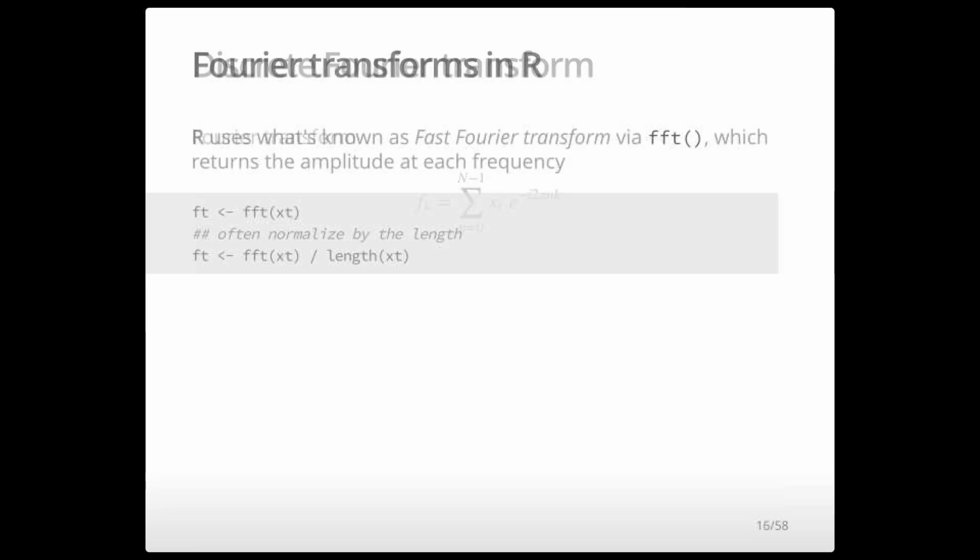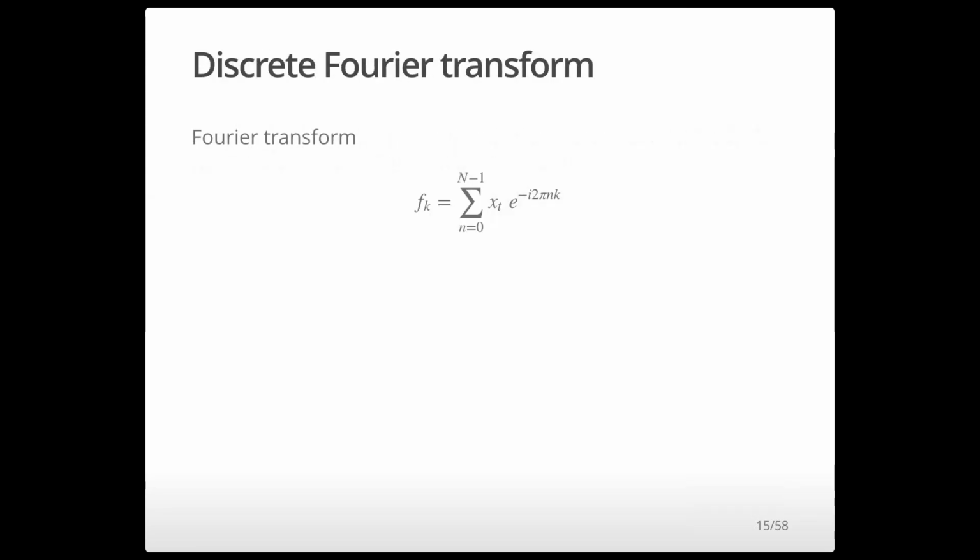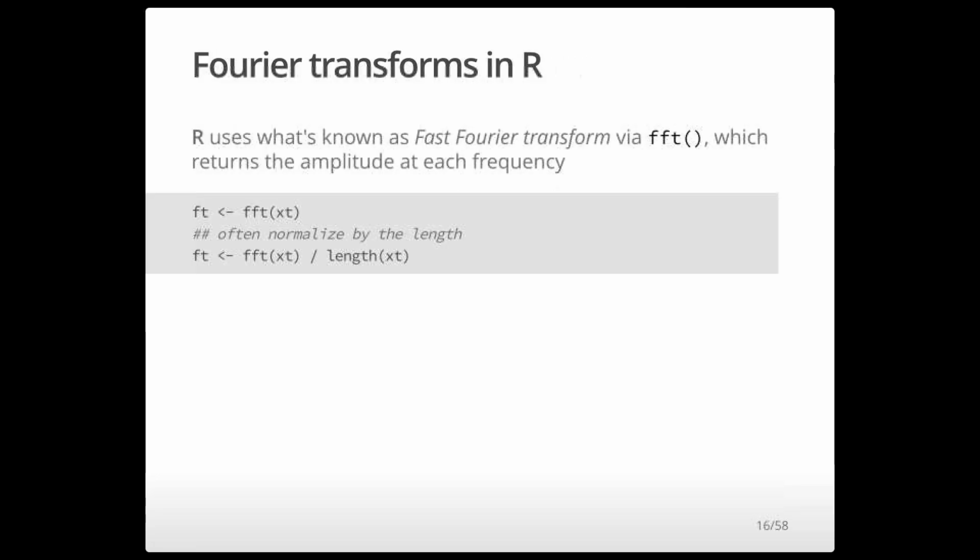Here's our transform in discrete space right here. So now we've got our x, here's our Fourier transform, here's this exponent e to the minus 2 pi, n is just the number of waves we're allowing for, and k is the actual frequency. And to do this in R, it's really simple.